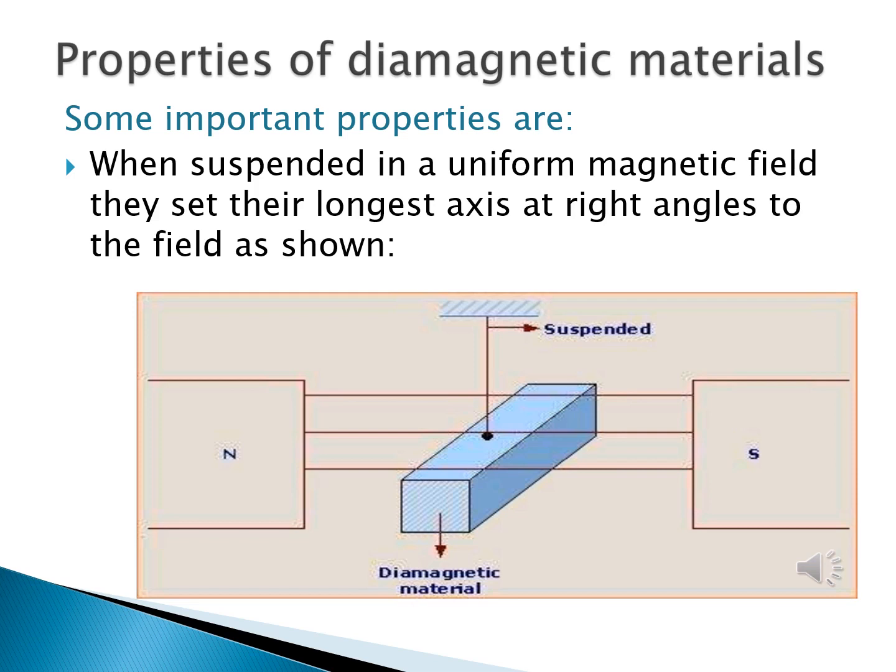This diagram shows a diamagnetic material placed in magnetic field lines, and it will position itself so that its longest axis is at right angles to the magnetic field lines.